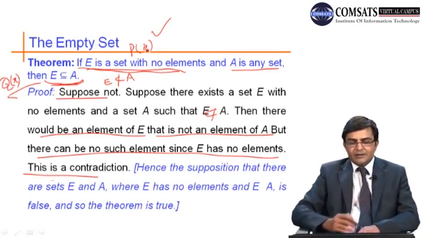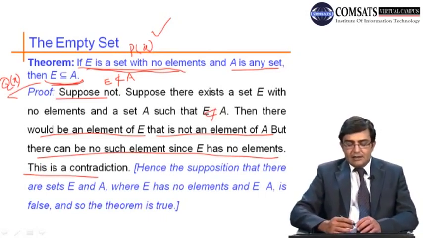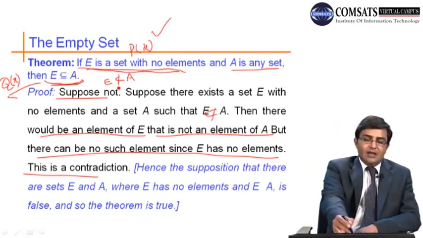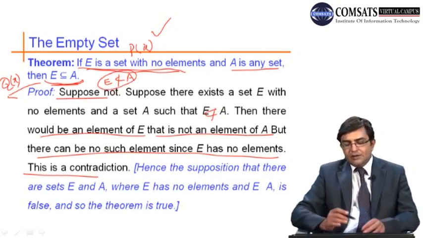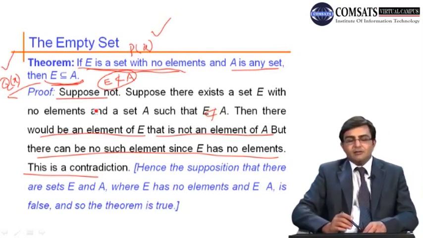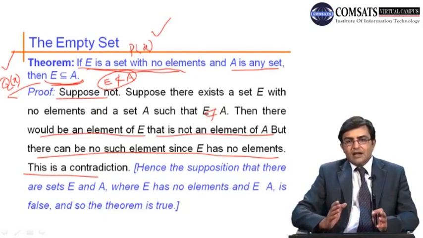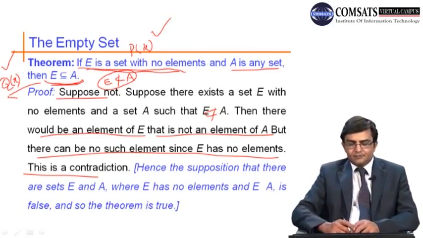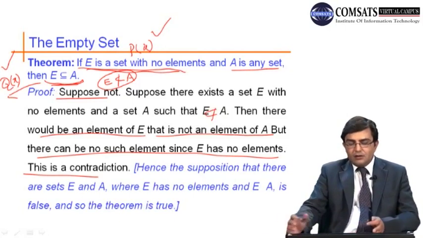So our supposition that E is not a subset of A was wrong. Then the Q of x will be true, meaning E is a subset of A. So we conclude that this theorem is true: every empty set is a subset of any set. This is what we have proved for all empty sets, for all sets.